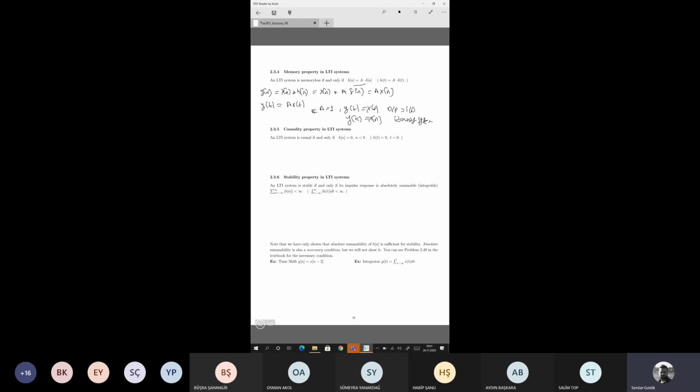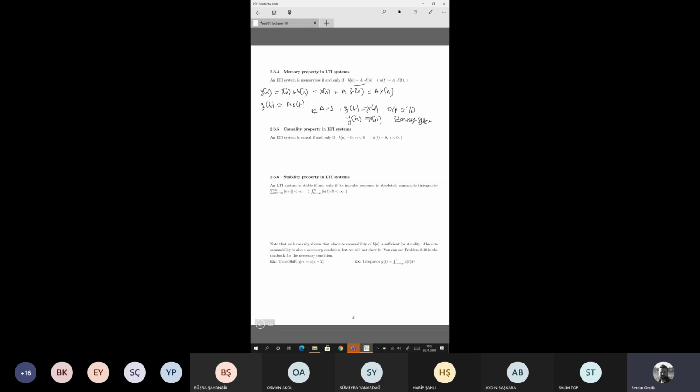The next property is causality. For a causal system, what was the definition? If you have a causal system, the output at any time instant depends only on the input samples for the current time instant or the previous time instants. So you cannot use future time instants to find the current value of the output.